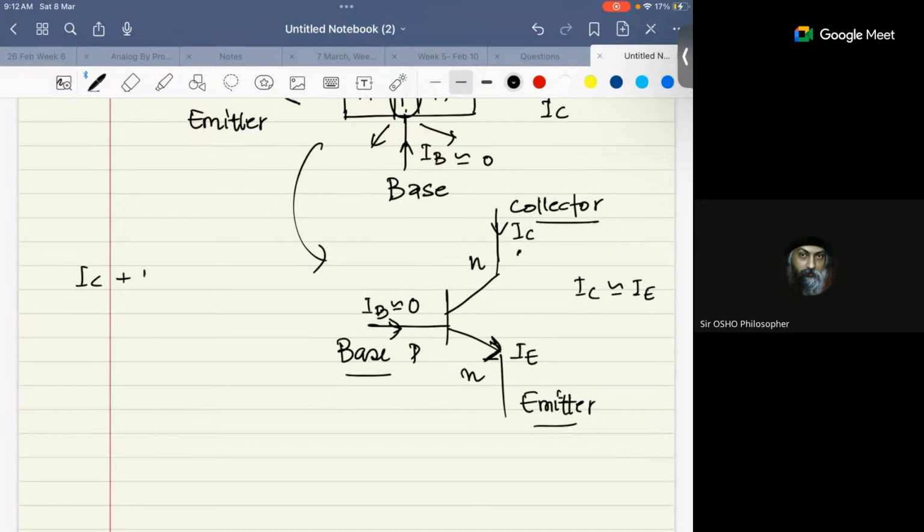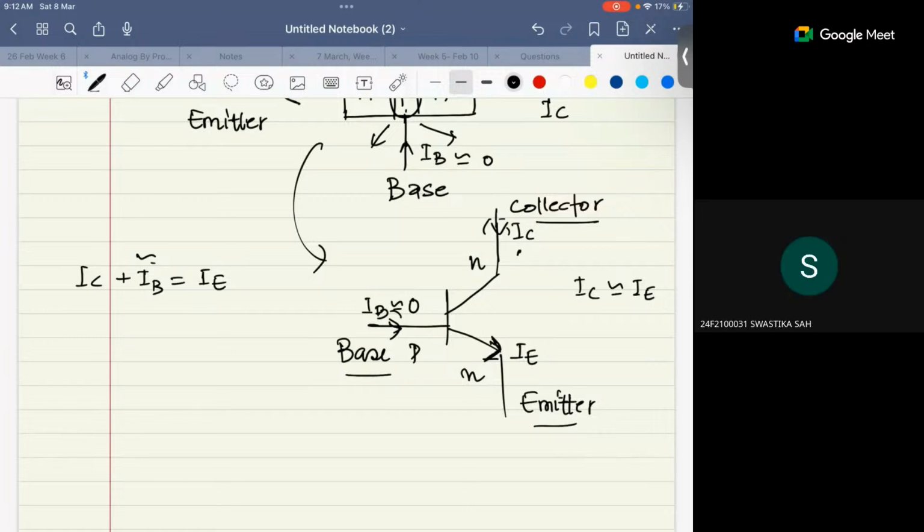That should equal IE, the one current that is going out. And if IB is almost zero, then IC and IE are normally equal. Is it fine?